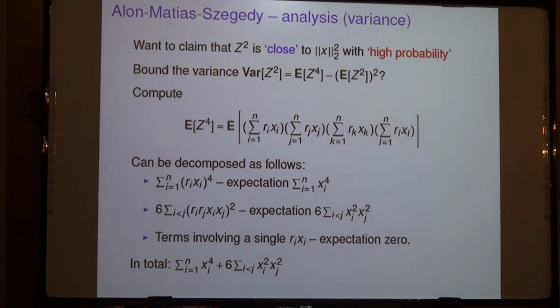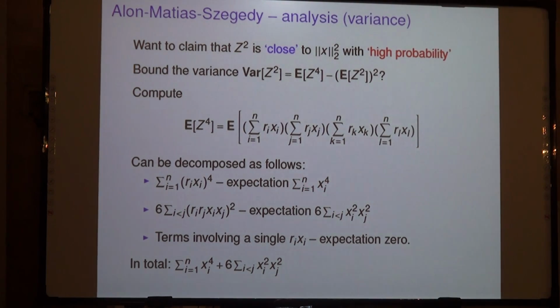Well, this is a very similar analysis. We just think of what type of cross terms we have here. For example, we have n terms where we only have one xi that appears with power 4, and so the corresponding sign also appears with power 4. So this gives us the summation over i from 1 to n of xi to the fourth.